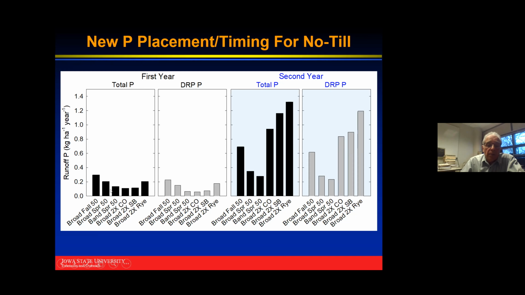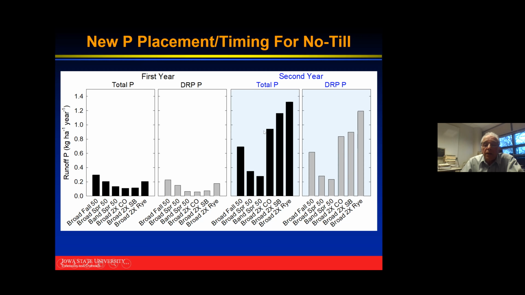It seems that the band and the broadcast only before corn or soybean were better in terms of reducing P loss than the broadcast either in the fall or in the spring, or surprisingly the broadcast with the rye. And for dissolved P, we see the same trend.